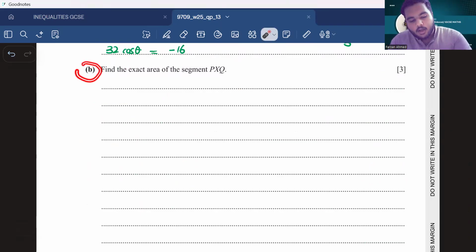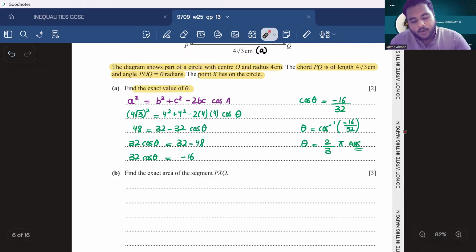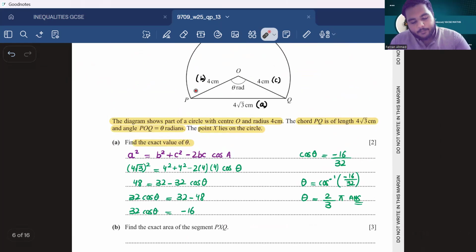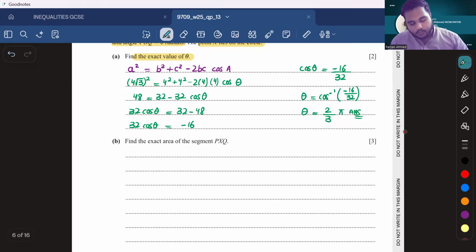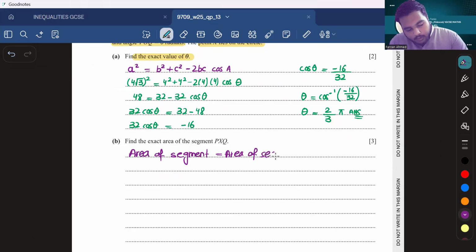Now part B. They are saying find the exact area of segment PXQ. So we have to find the area of segment PXQ. We have to find this. For this area of segment, we have the formula, which is equal to area of sector minus area of triangle POQ.